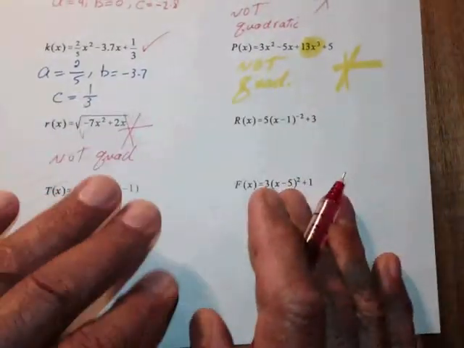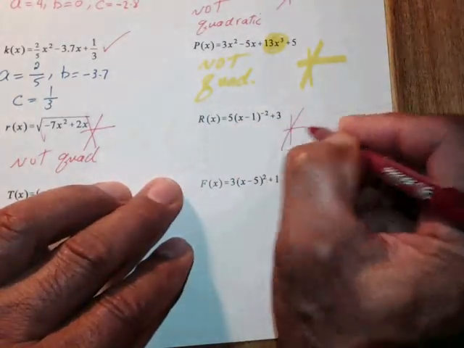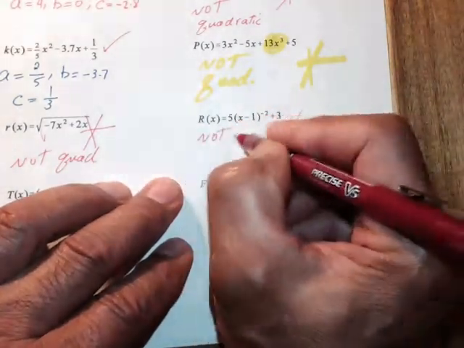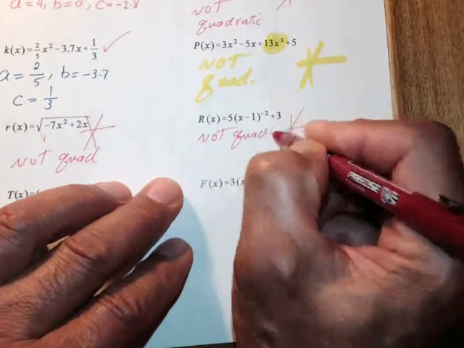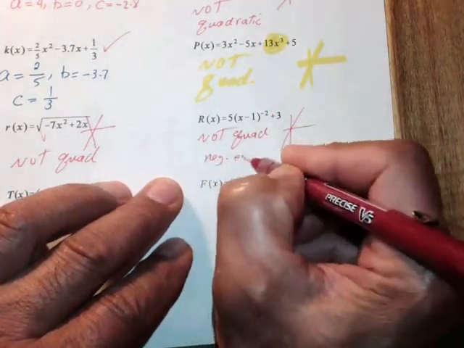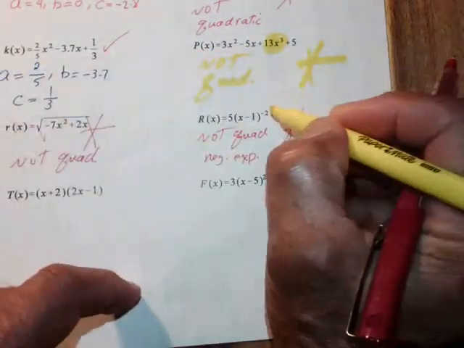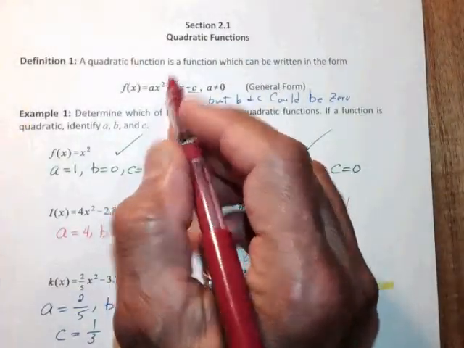This one is not quadratic either. The reason for it, you have a negative exponent. You see right here, we yellow it here. Because in a quadratic function you don't have a negative exponent.